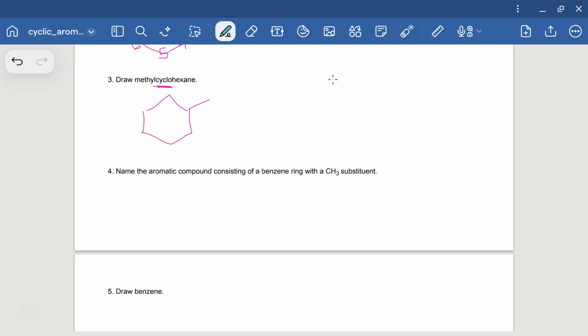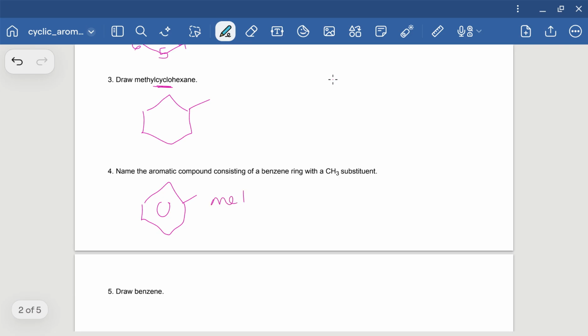The next one, name the aromatic compound consisting of a benzene ring with a CH3 substituent. With that one, if you were even just to draw this quickly, if you have a benzene ring, that's not the best drawing of it, but close enough, and you have a CH3 group, a methyl group on there, it's again assumed to be on carbon 1. So you don't have to say where it is.